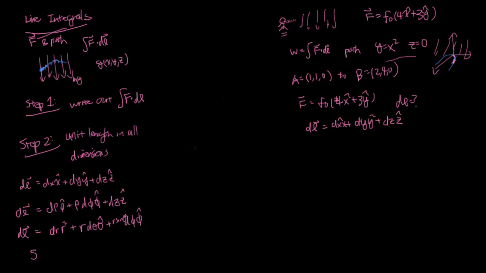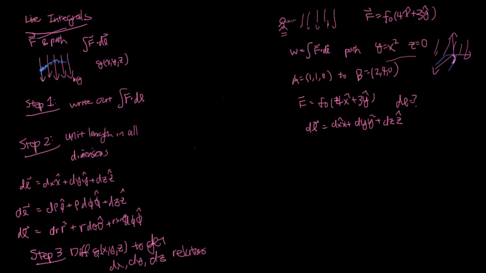The next step is you want to differentiate your path, g of x, y, z, to get dx, dy, dz relations.